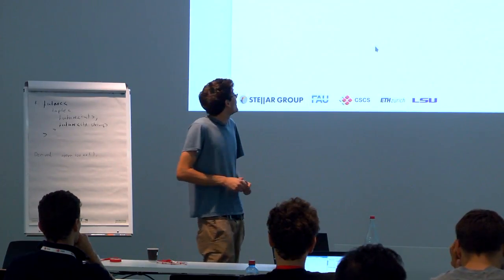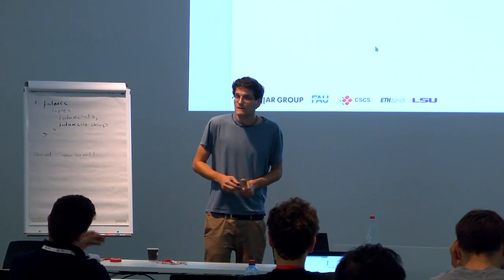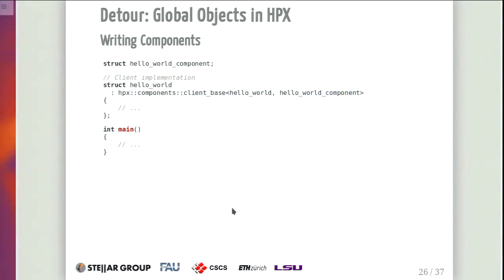Okay. Now we have the components. If you remember from yesterday's overview slides, if you allocate a component in the global address space, you get an ID type back, right? And the ID type, as I mentioned, is very similar to a void pointer, so not very type safe.